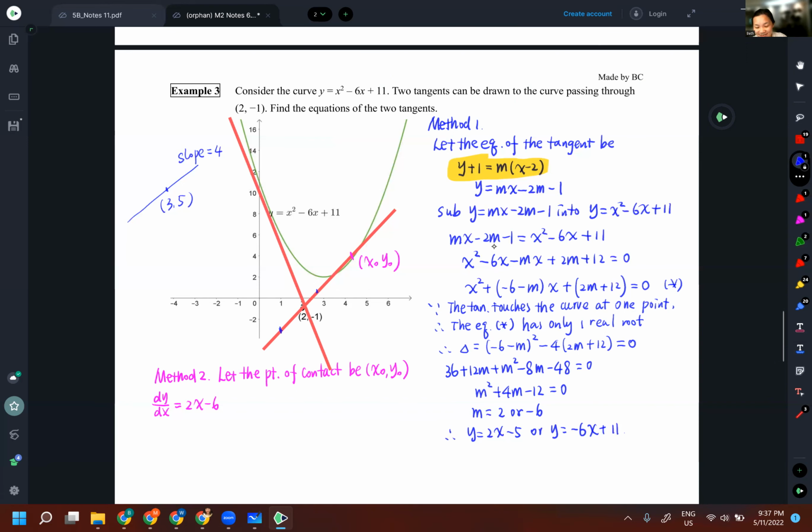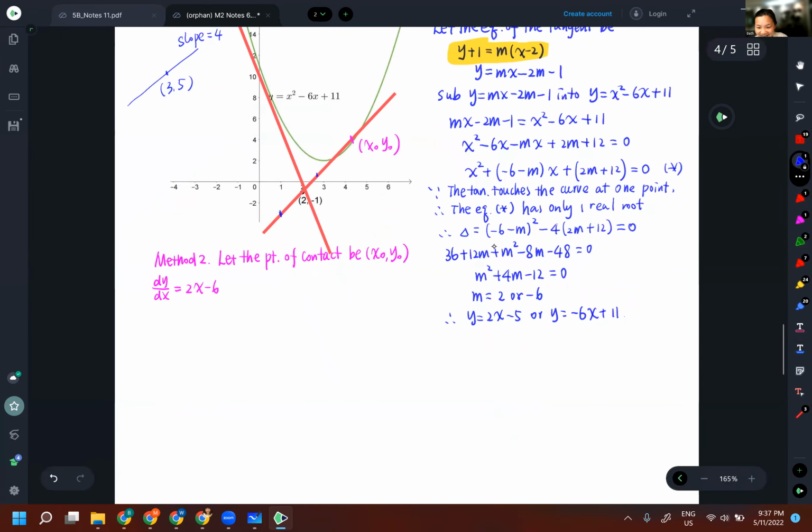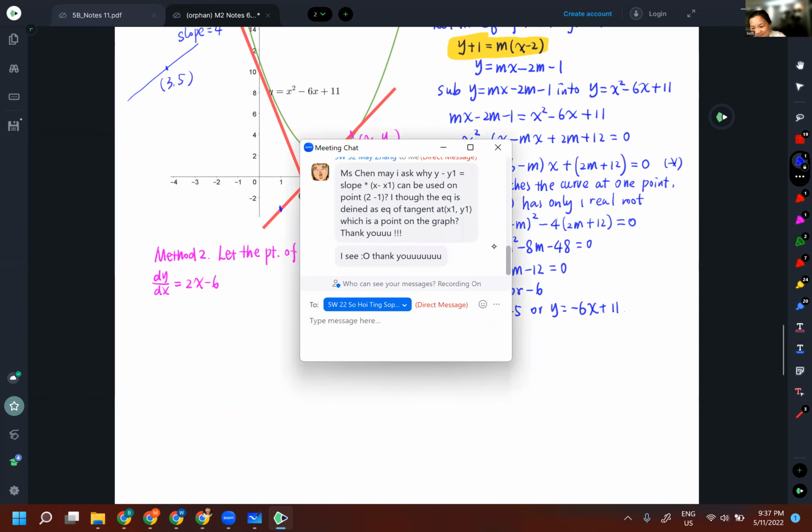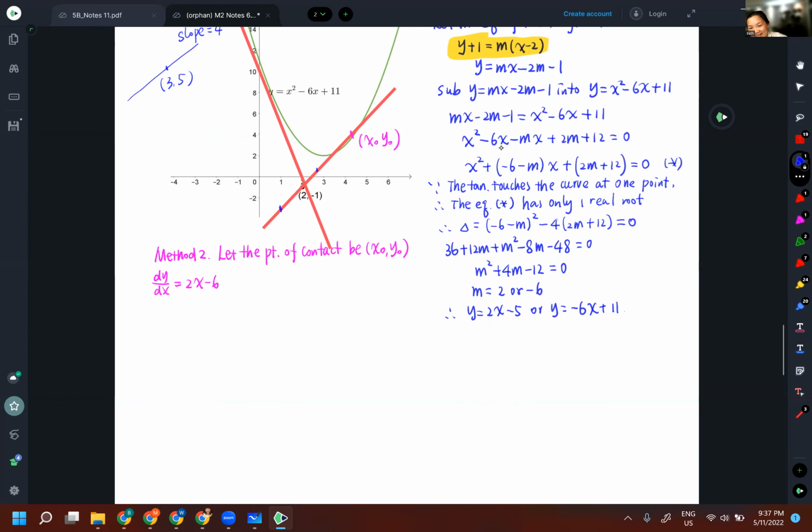Method 2. The derivative is found very quickly.